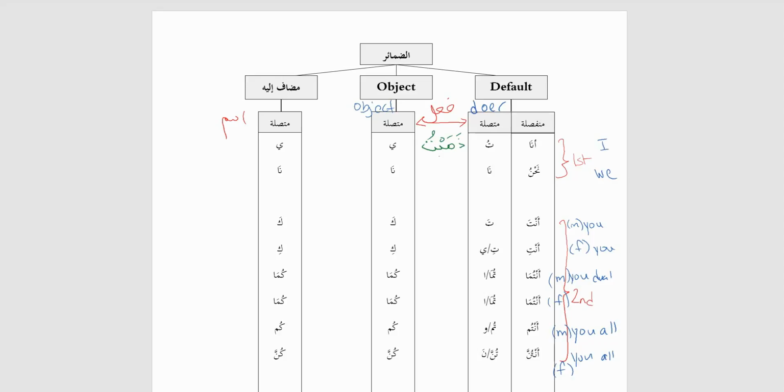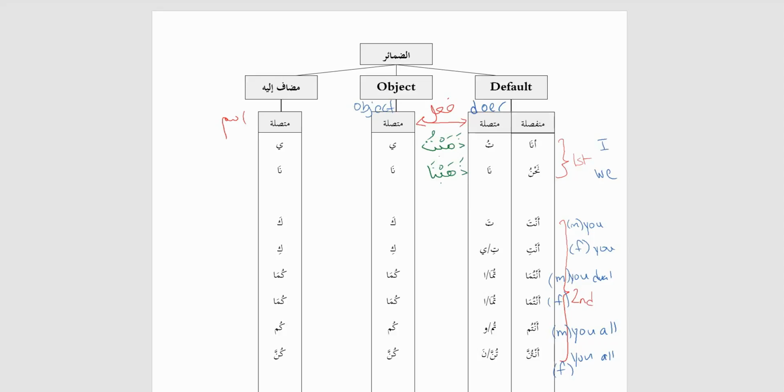Or then I say na. So I say ذهبنا. So what is this na telling me? This na is a damir muttasil. It is an attached pronoun that's acting like the doer of ذهب. So we went. We are the ones doing the going. So we went.